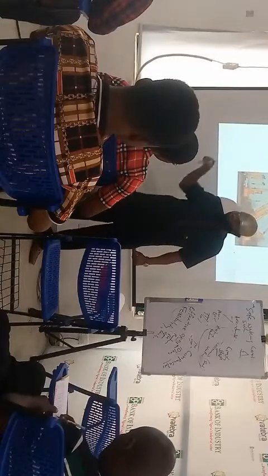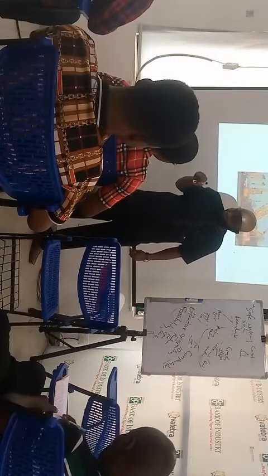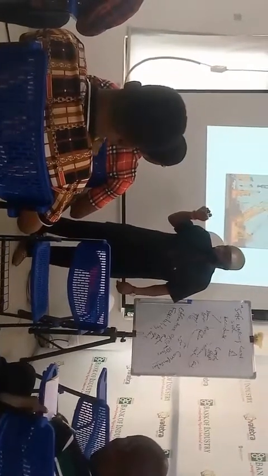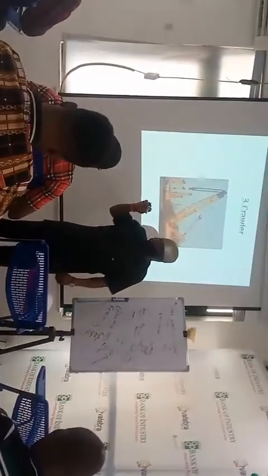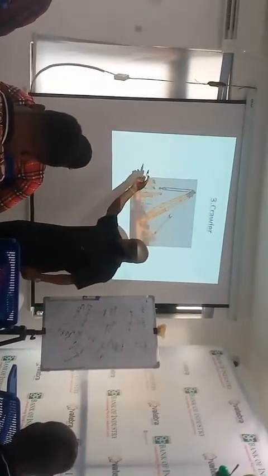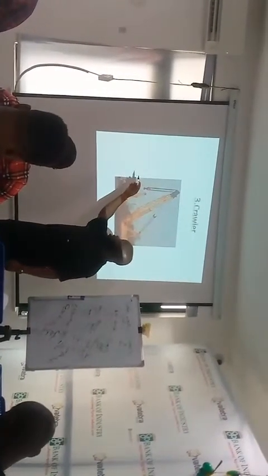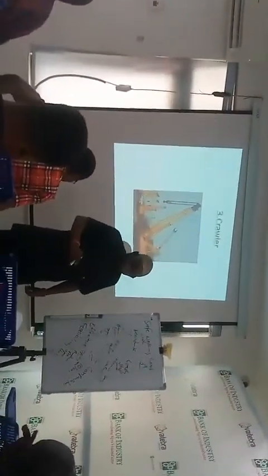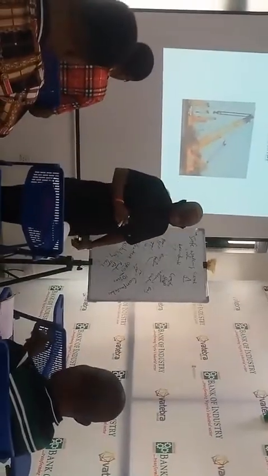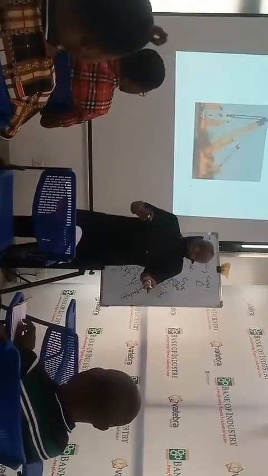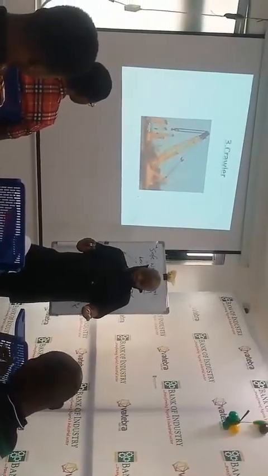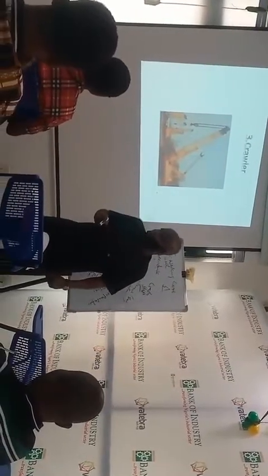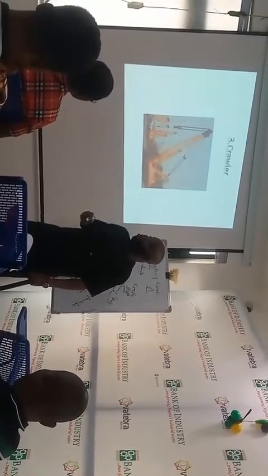It's different from the compensator. The compensator is just to initiate that balance between the cargo and the crane. Compensator and counterweight, you can call them counterweight, but this one is smaller, this one is up at the boom.